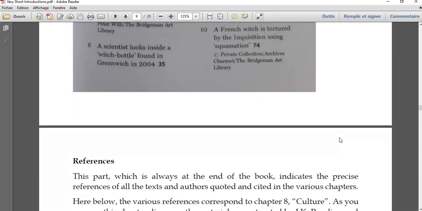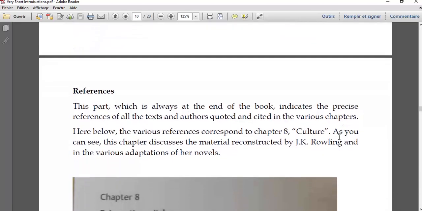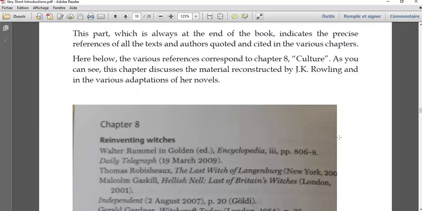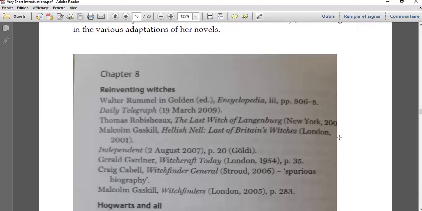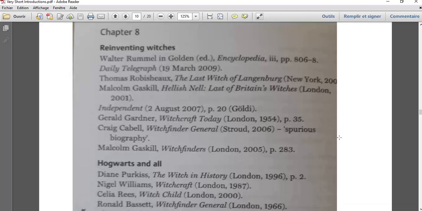The fourth paratextual element is the references. This part, which is always at the end of the book, indicates the precise references of all the texts and authors quoted and cited in the various chapters. Here below, you'll find the various references corresponding to chapter 8, the last chapter, entitled Culture.